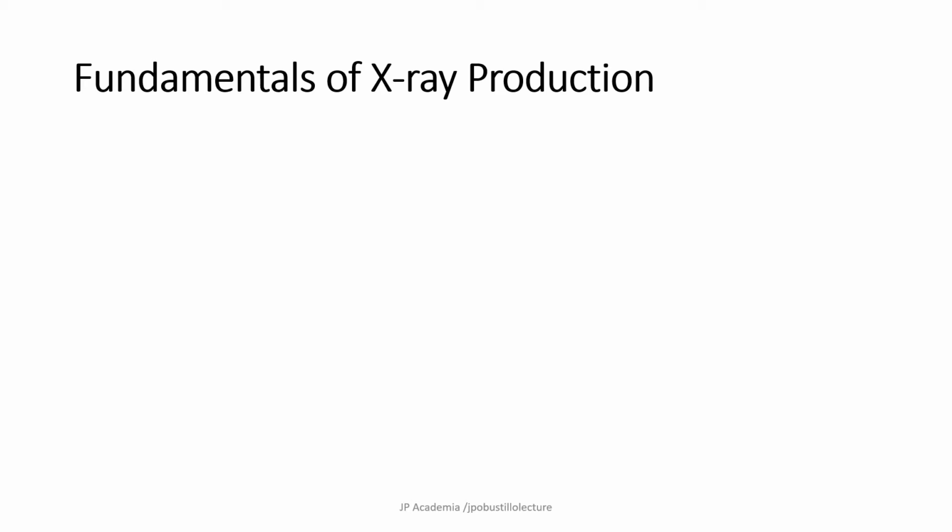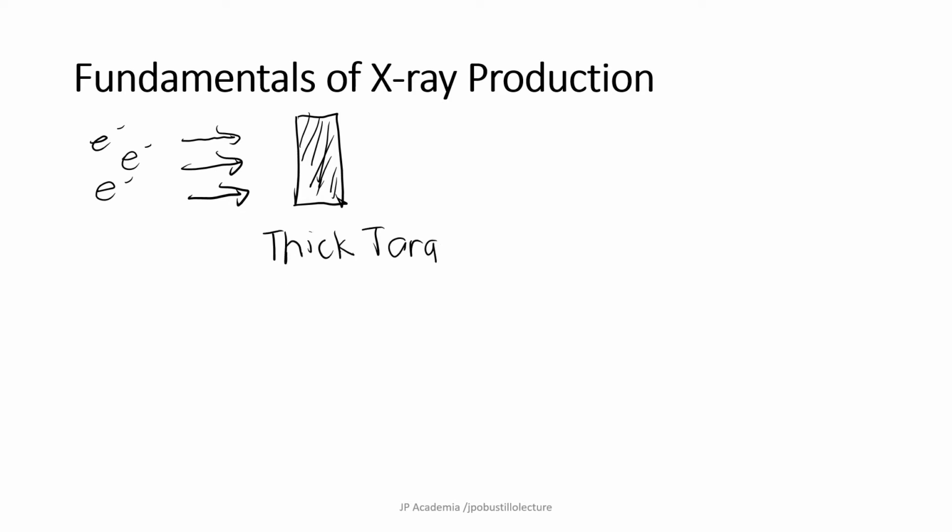Hey guys, in this lecture we will discuss the fundamentals of X-ray production. The production of X-ray involves the bombardment of a thick target with these energetic electrons. The electrons will undergo a certain interaction within the target.